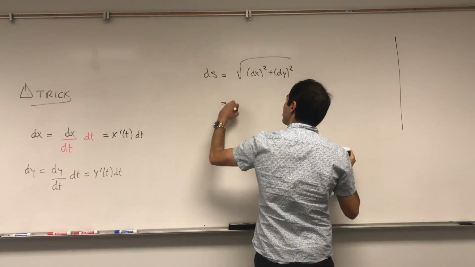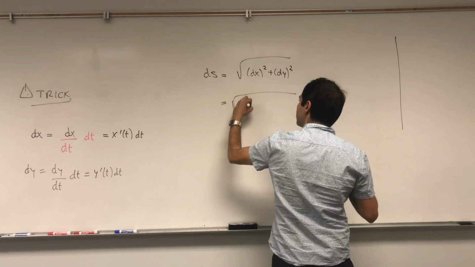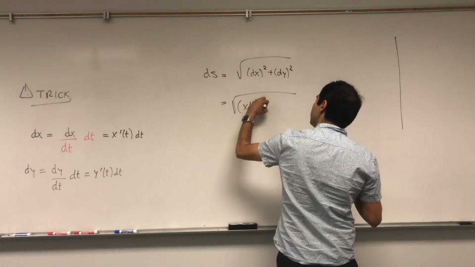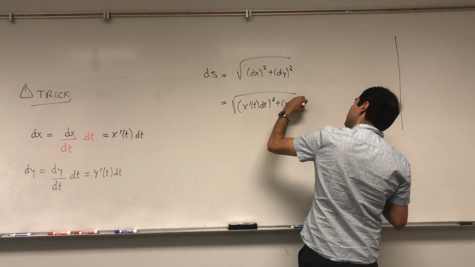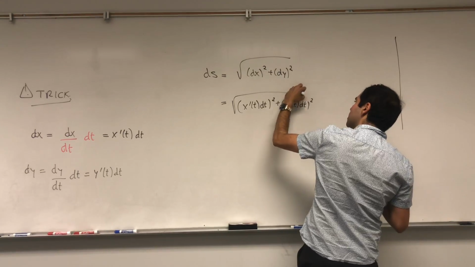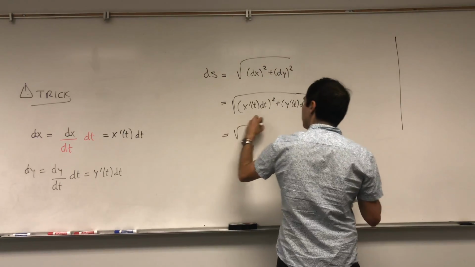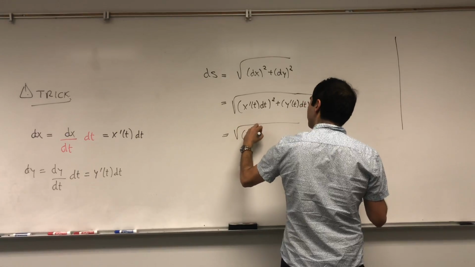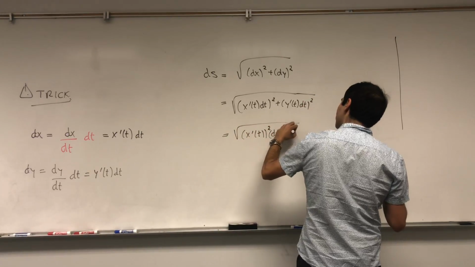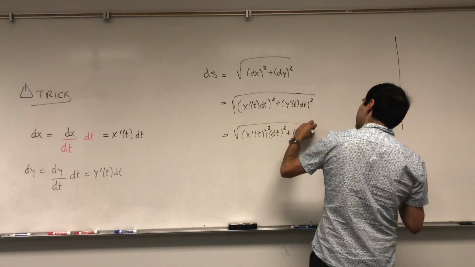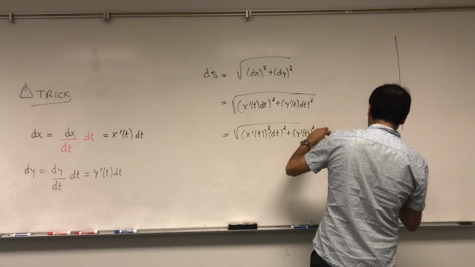And that becomes the square root of x prime of t dt squared plus y prime of t dt squared, which is the square root of x prime of t squared dt squared plus y prime of t squared dt squared.